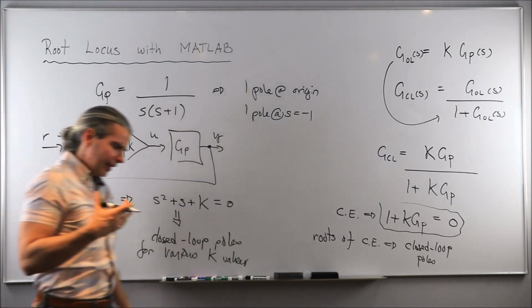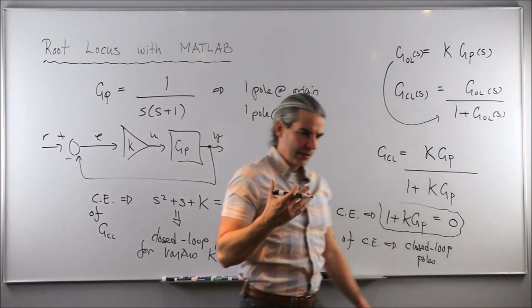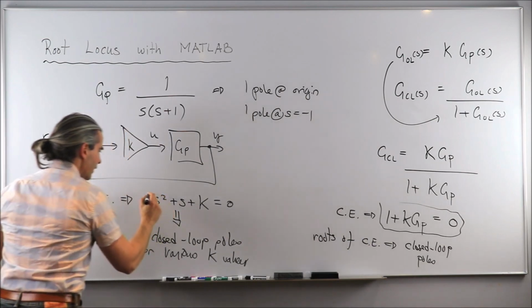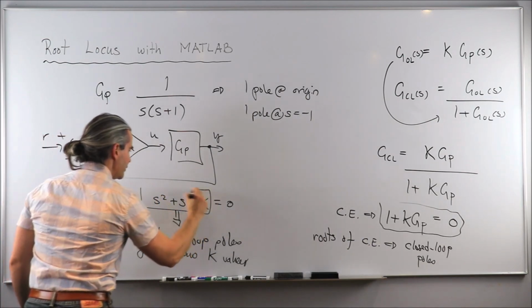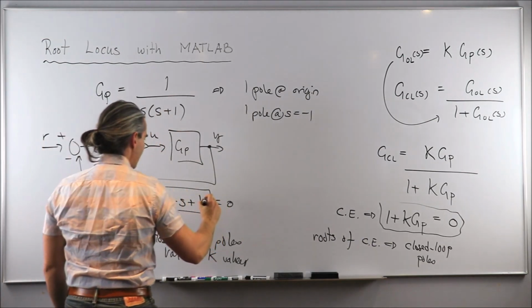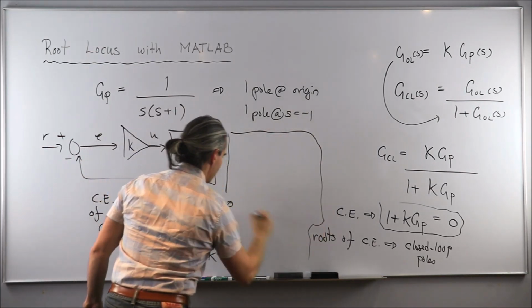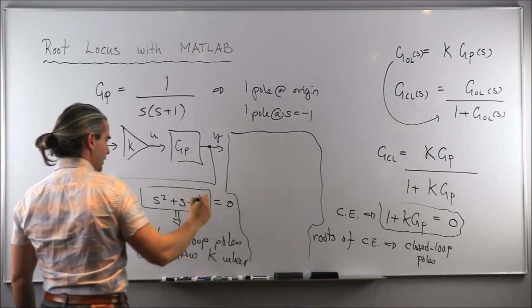But how does that relate to the open loop position when K is equal to 0? Well, look, if you take that and you set K equal to 0, I'm going to do this work in this little box here, running out of space.